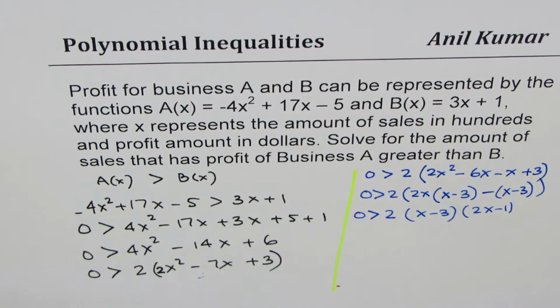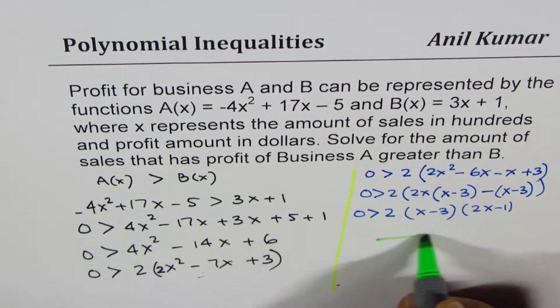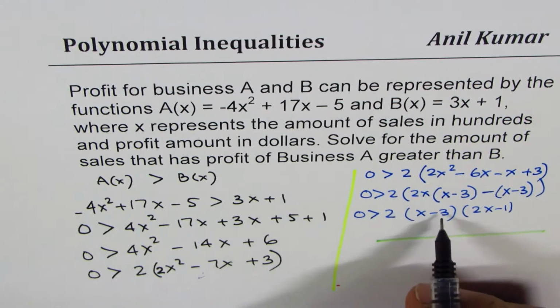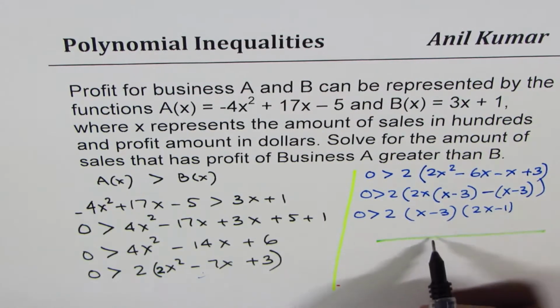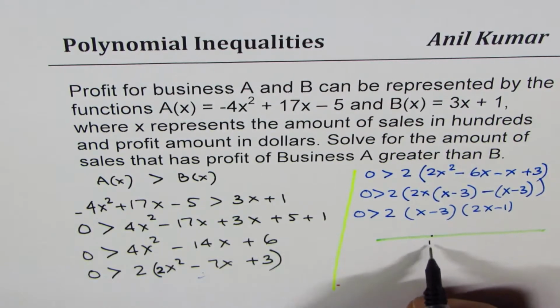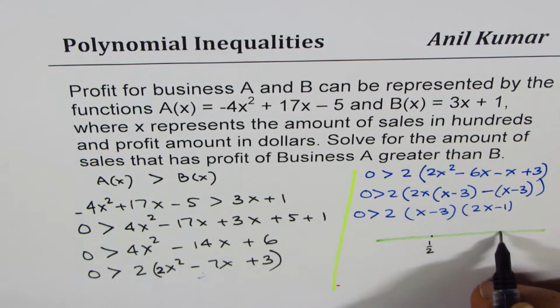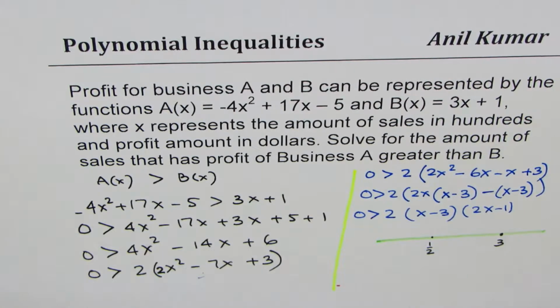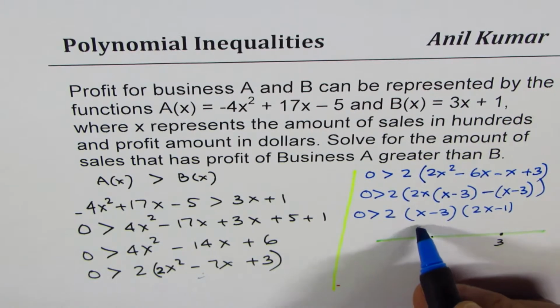So we'll just go for a sketch here and then solve this inequality. We have 2 zeros. One zero is at 3. The other one is at half, right? So let's write this as half, and the other one is at 3. The parabola opens up in this case, so let's sketch a parabola which opens upwards.